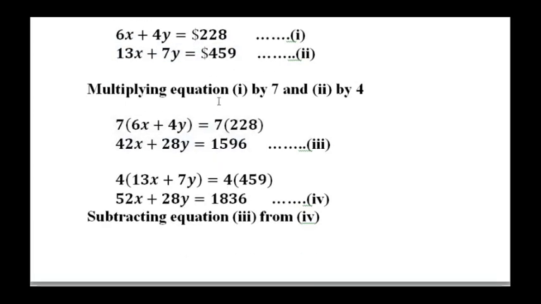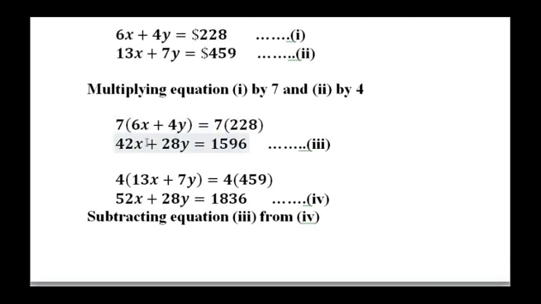So, to multiply equation 1 by 7, we get 7 into 6x plus 4y, which is the left-hand side of equation 1, equals 7 into 228, which is the right-hand side of equation 1. We get 7 times 6, 42x, and 7 times 4, 28y equals 7 times 228, 1596. I'll label this new equation as equation 3.